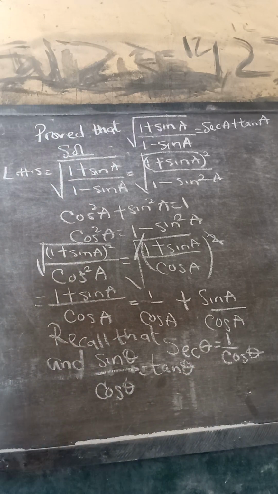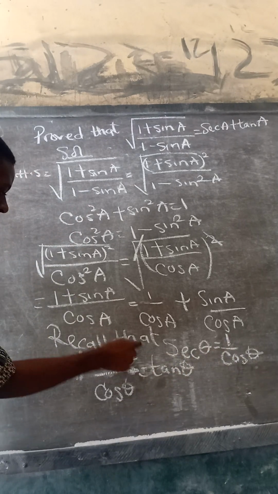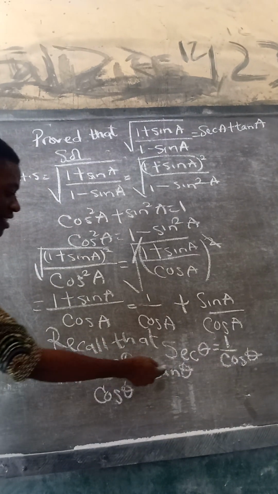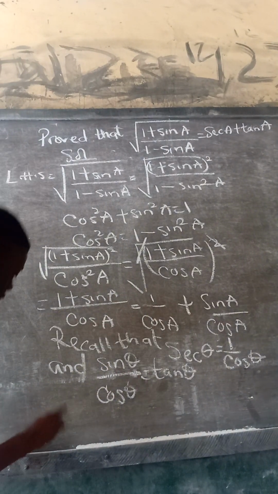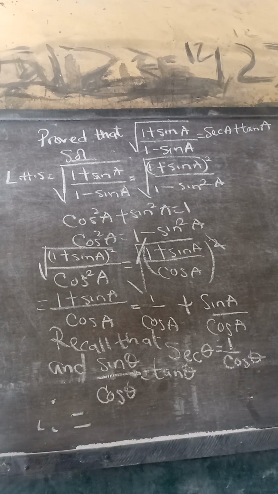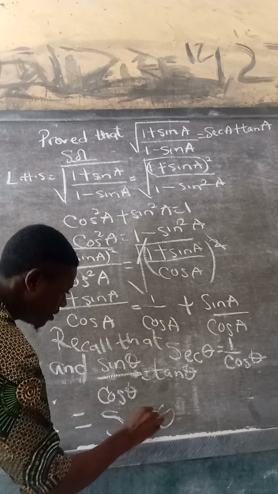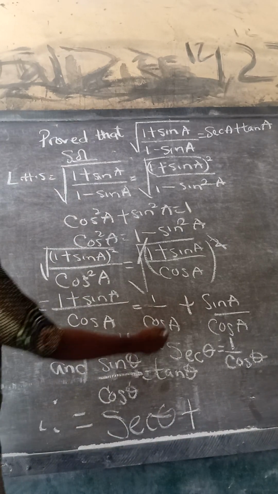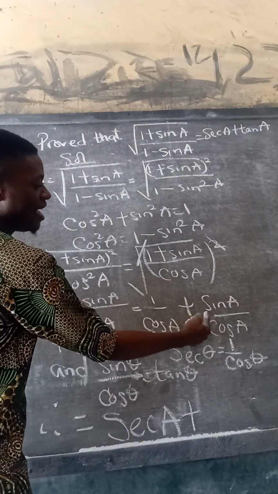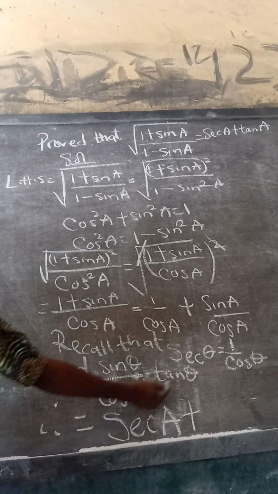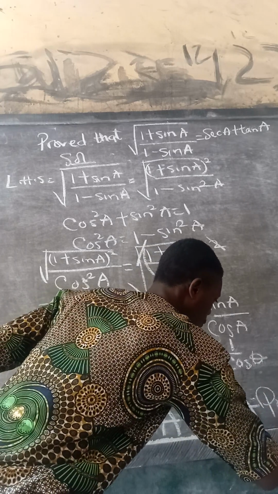So it implies that 1 over cosθ is secθ, and sinθ over cosθ is tanθ. So instead of writing 1 over cos, what do we have? Secθ. Since we are using A, 1 over cosA is secA, plus sinA over cosA, which gives us tanA.